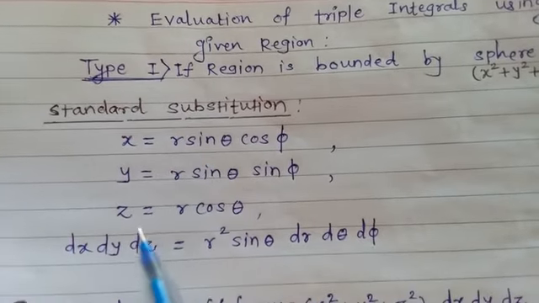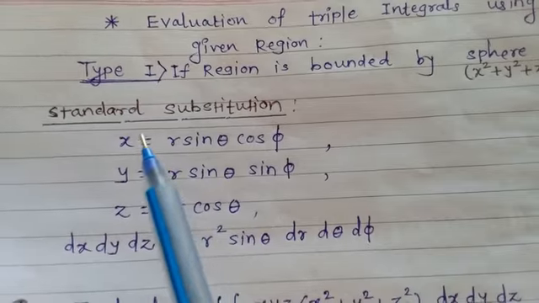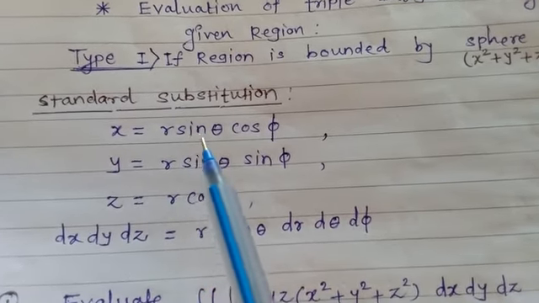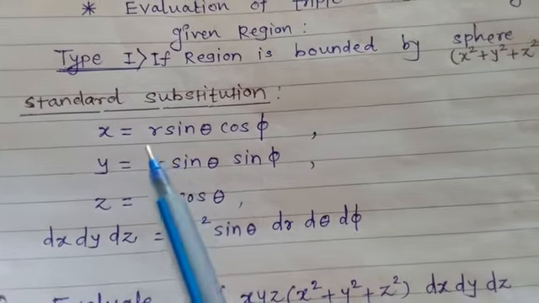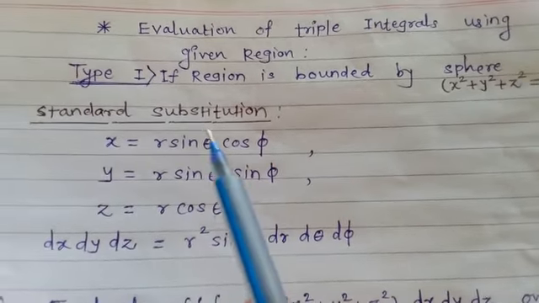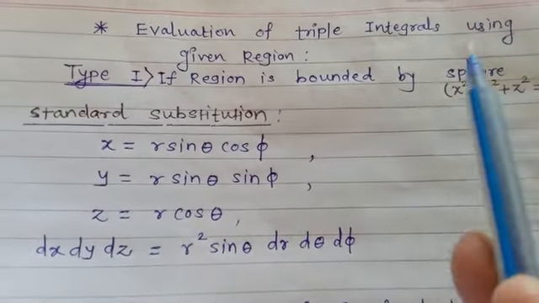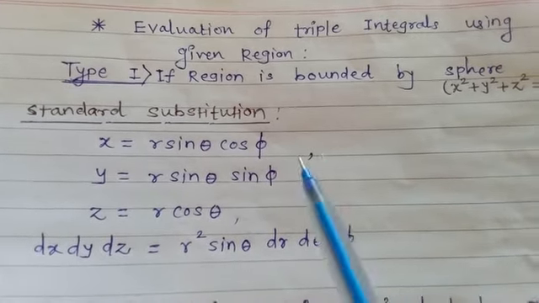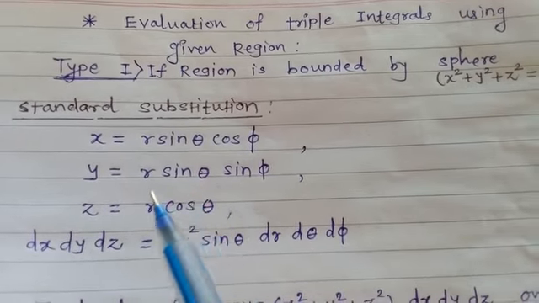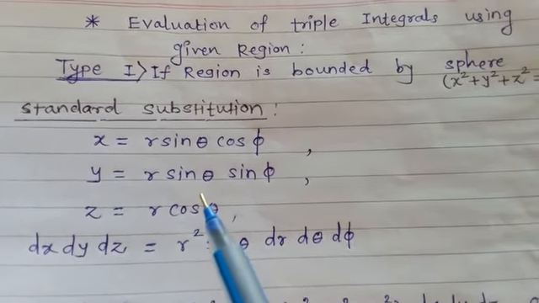Here we are in a three-dimensional system, that is why there are three Cartesian coordinates, x, y and z, and after this substitution we will get three polar coordinates, r, theta and phi. This substitution is only for this particular region, that is, the sphere. That is why we call these polar coordinates spherical coordinates.